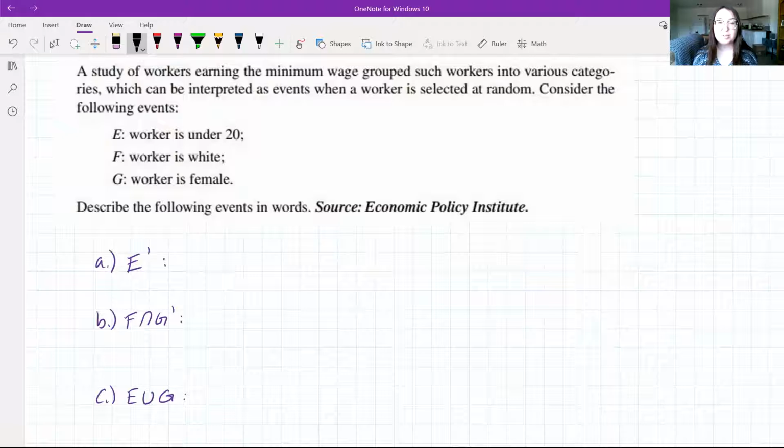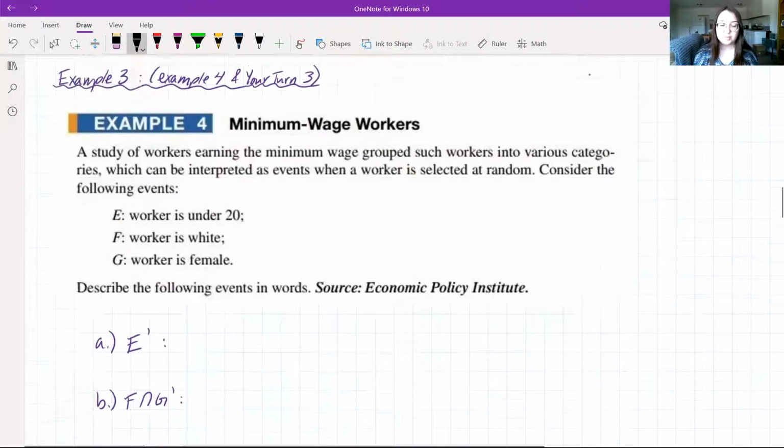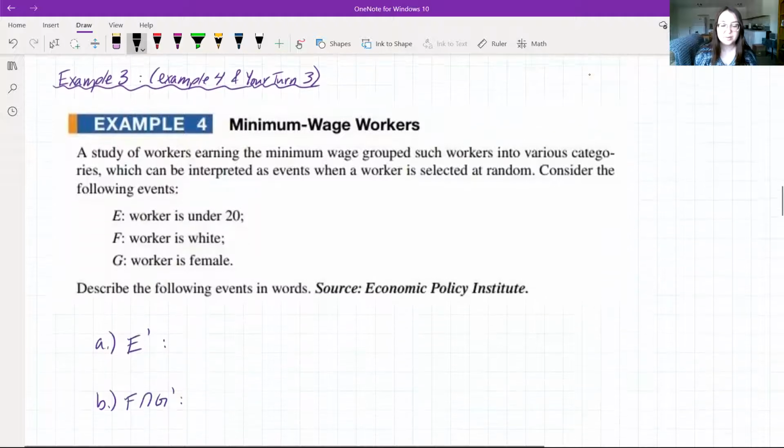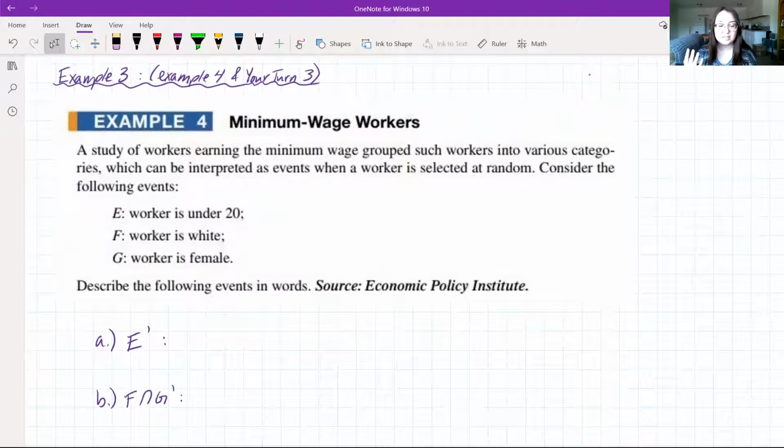Now, if we want to find E complement, we know that E complement is going to occur when E does not occur. We know that E is thinking about when a worker is under 20. So if we're thinking about our complement, it means that our worker cannot be under 20.